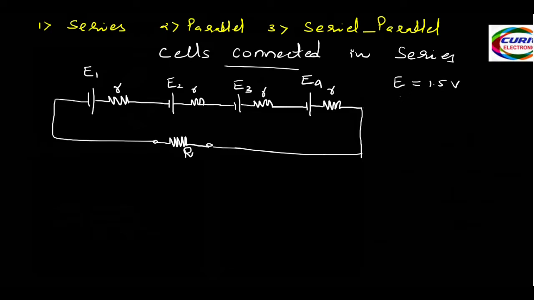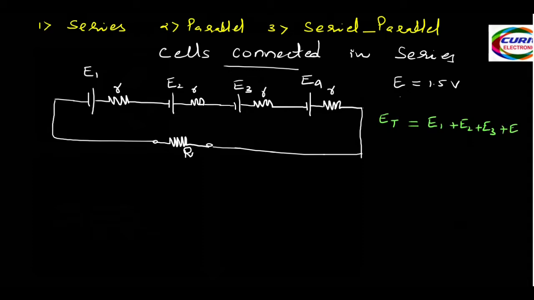Now let's see what is the total voltage. That means you have to add up all the E. ET is the total voltage or total EMF when cells are connected in series. That is E1 plus E2 plus E3 plus E4.